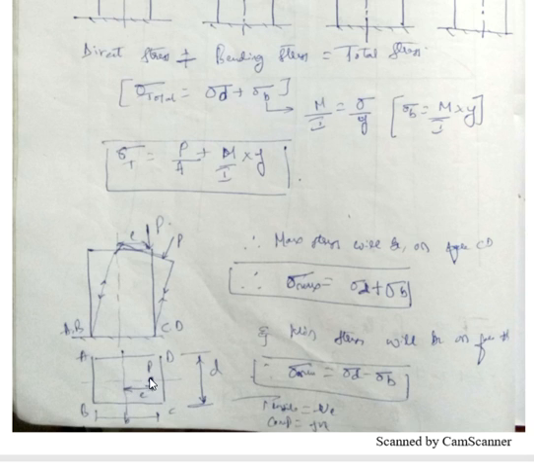This load has a perpendicular distance from the y-axis, but if you look at the x-axis, it is directly acting on the x-axis. Now what happens when there is eccentricity with respect to the y-axis? If you look at this beam, it is bending towards the right. If you hold a pen in your hand and apply force such that it bends towards the right, then it is going to tilt with respect to the y-axis.